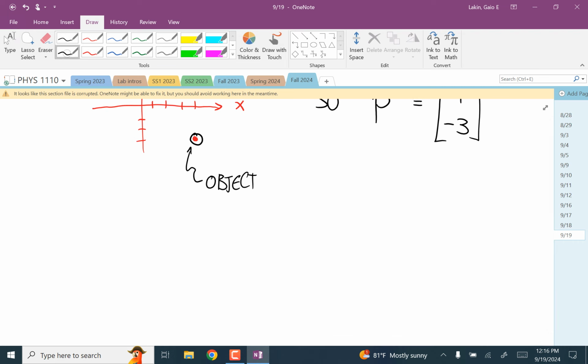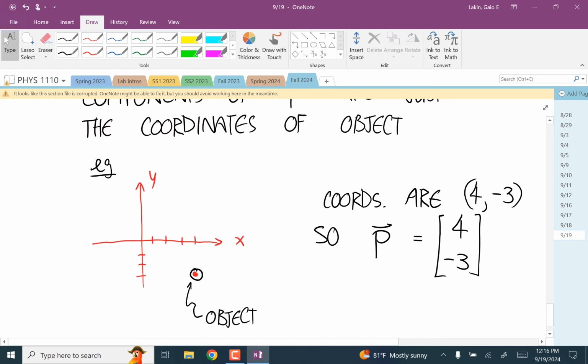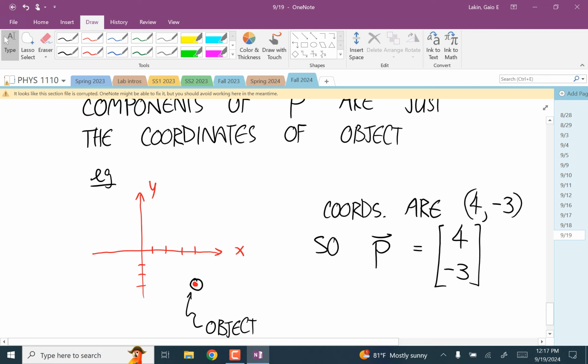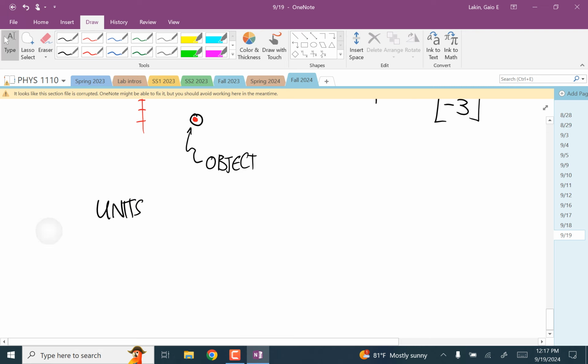Okay, the units for position, and we're going to see this with every quantity. Am I going too fast? The units for position are units of length.